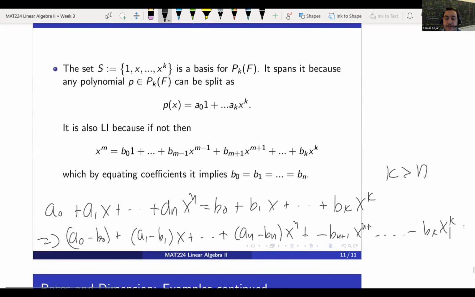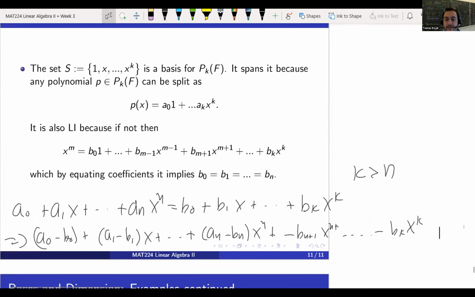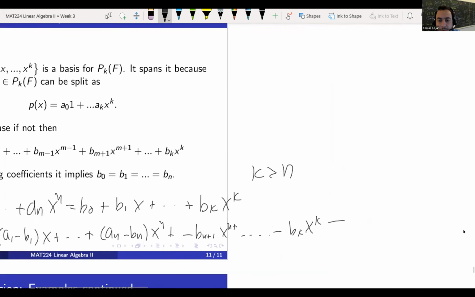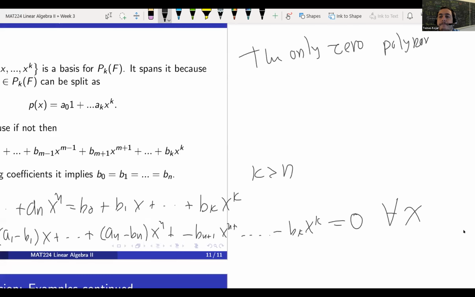Then, like I mentioned last time, we use the fundamental theorem of algebra. So remember that the only zero polynomial, that is the only polynomial that is equal to 0 for all x, is the one with 0 coefficients.